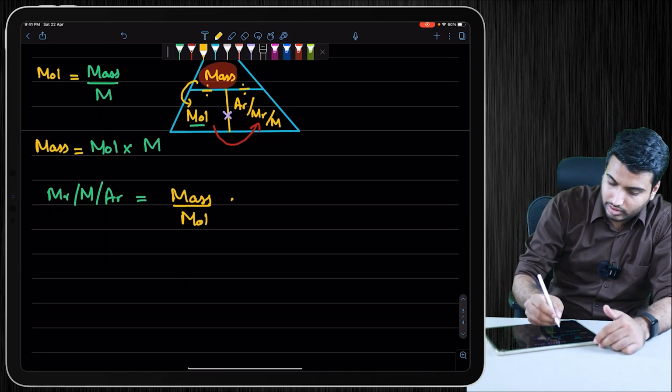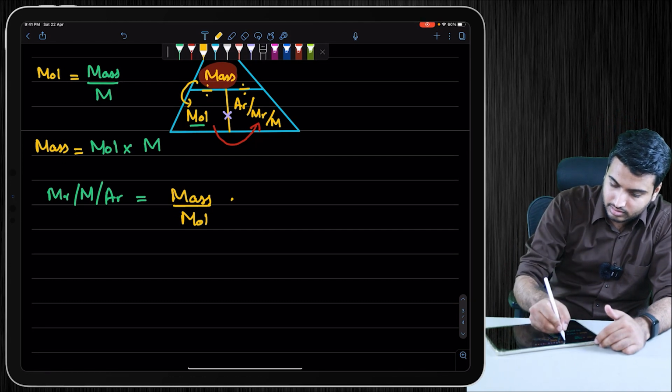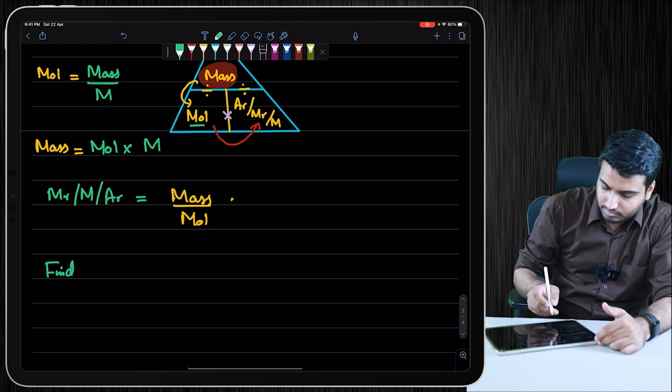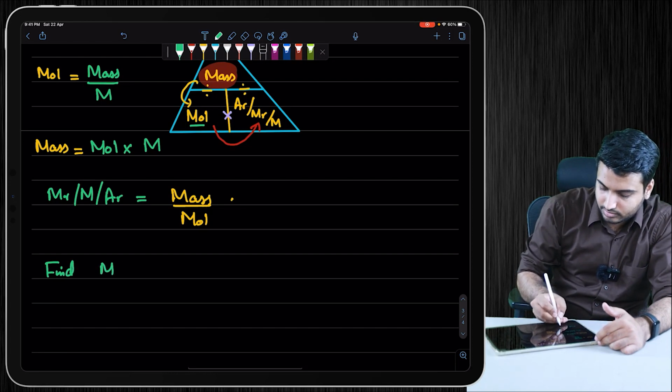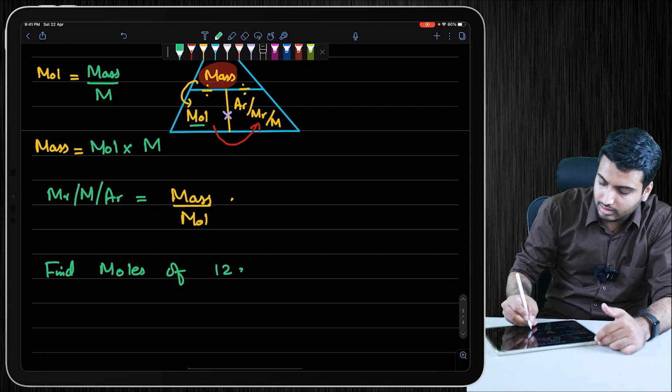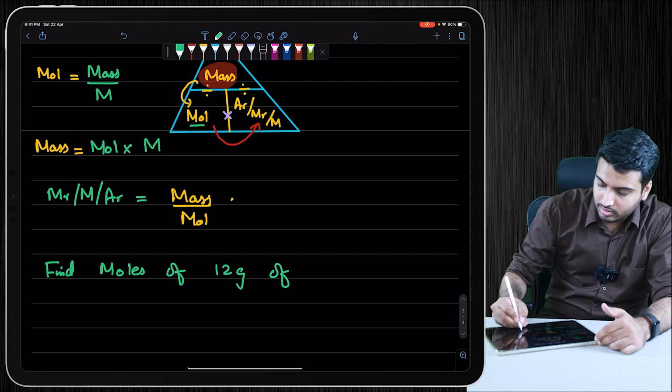Alright, so now we need to find the moles of 12 grams of magnesium.